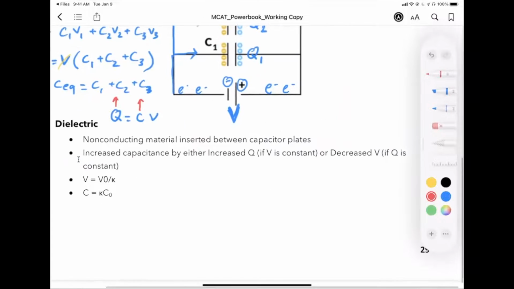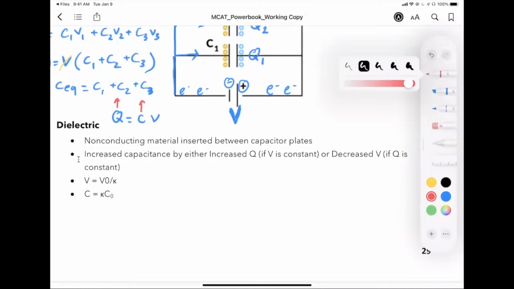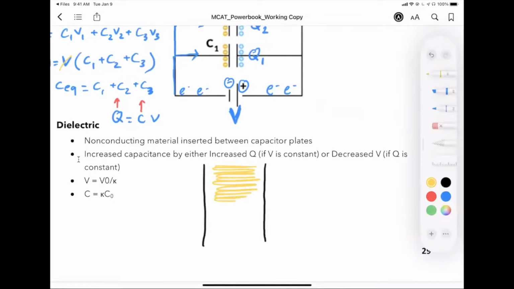So lastly, we can talk about the dielectric. A dielectric is essentially a non-conducting material that's inserted between any two capacitor plates. And so I can draw capacitor plates as straight lines like so, and I will denote the dielectric as yellow here. Usually, you can think of it as a non-conducting material, and a very good one is fat.